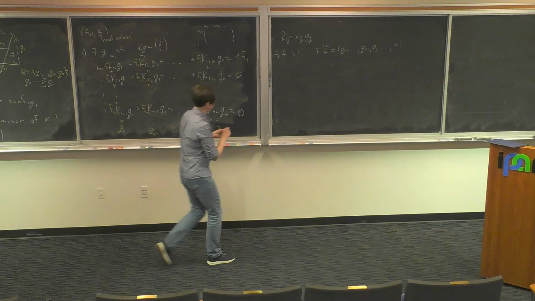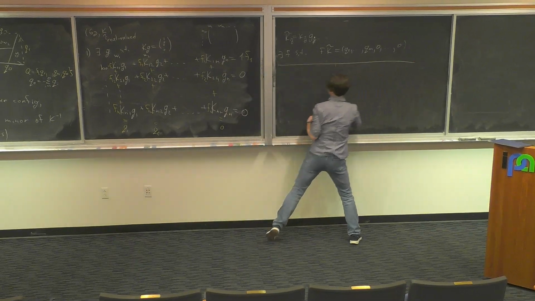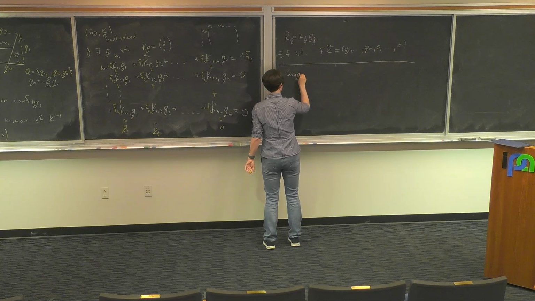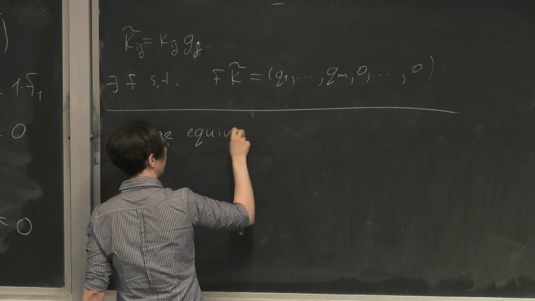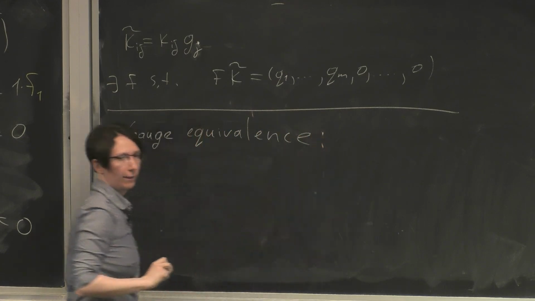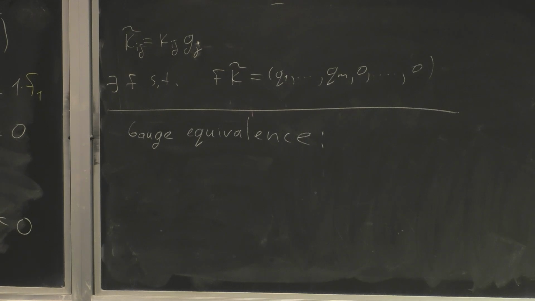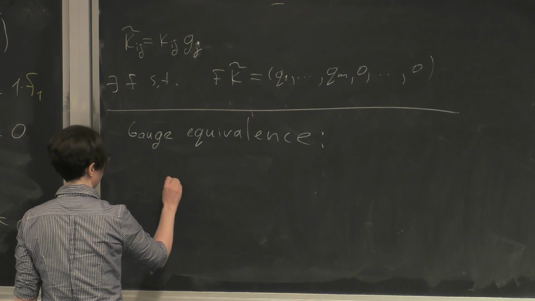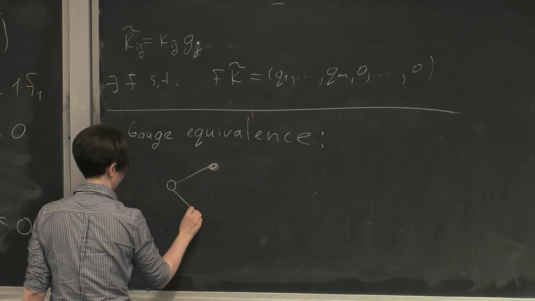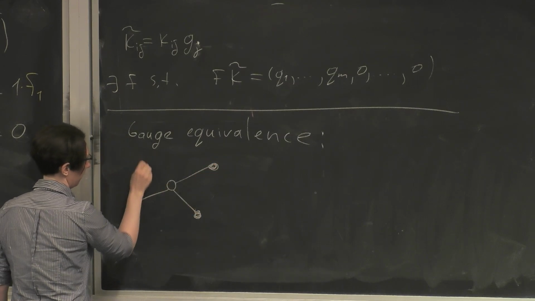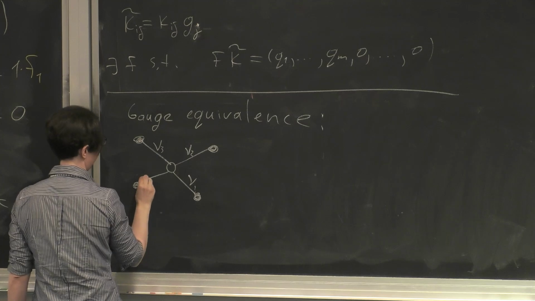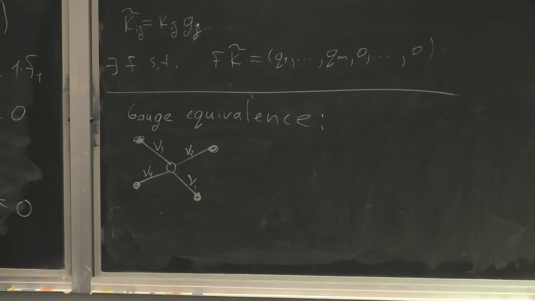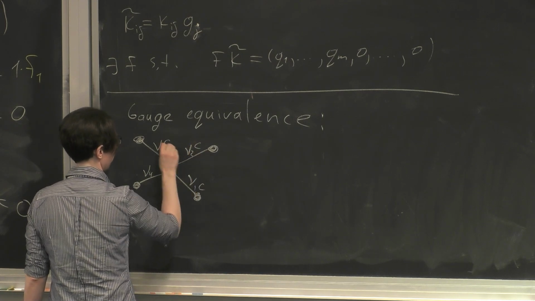Okay, so now an important thing which I forgot to say, which would explain why we were doing this. Let us look at the weights around a white vertex. We have some weights U1, U2, U3, etc. What if we multiply all of them by the same constant?